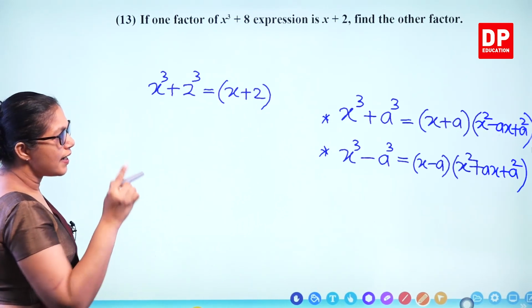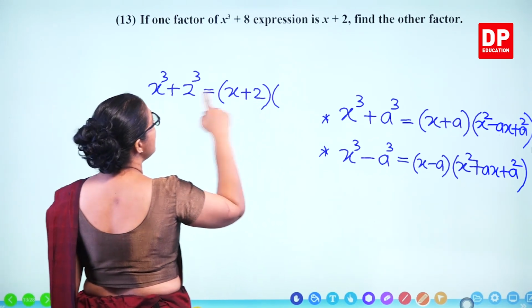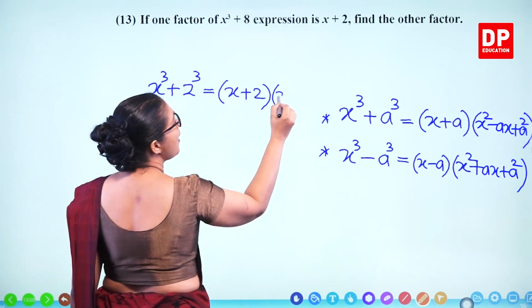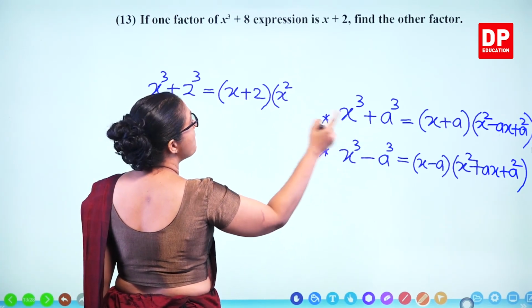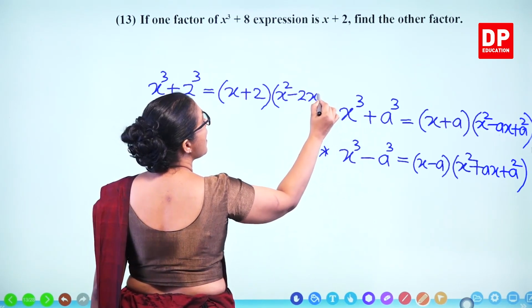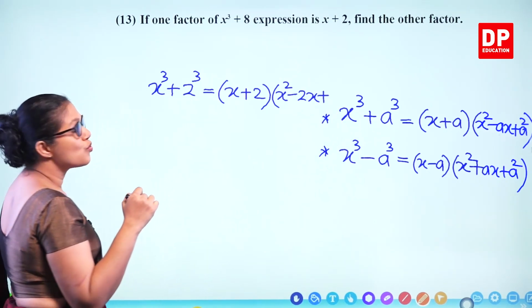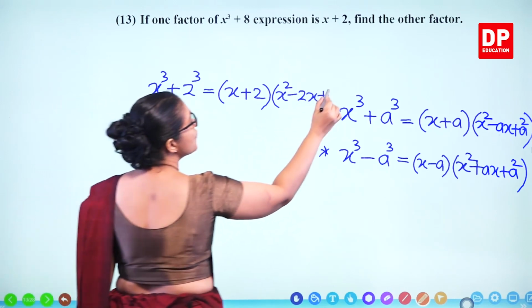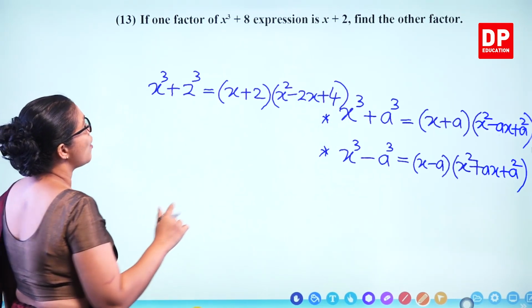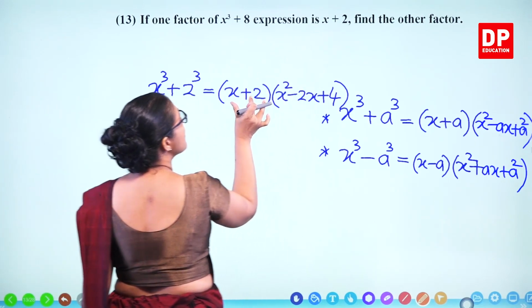Then what's the other factor? You just substitute. A is 2. So you get x squared minus 2x plus 2 squared, that's 4. So what's the final answer? Already x plus 2 is a factor.